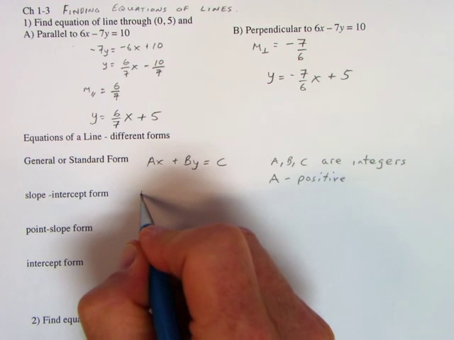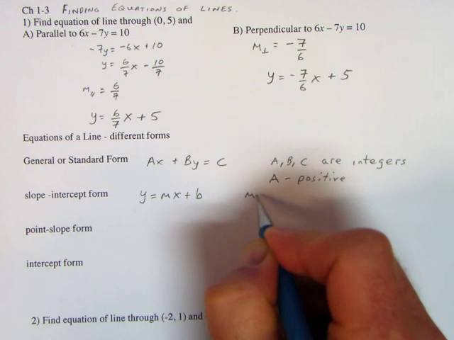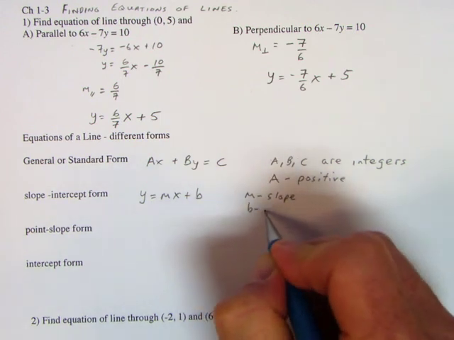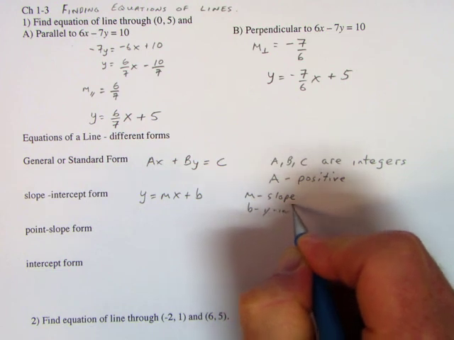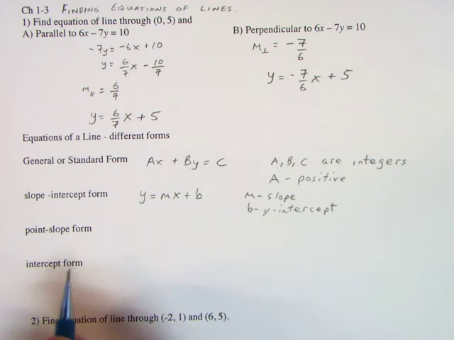Slope-intercept form, that's our y equals mx plus b, where m is our slope and b is our y-intercept. Try to think about this one, the point slope. See if you can remember that one. You've been exposed to it, but a lot of students don't like to use it.